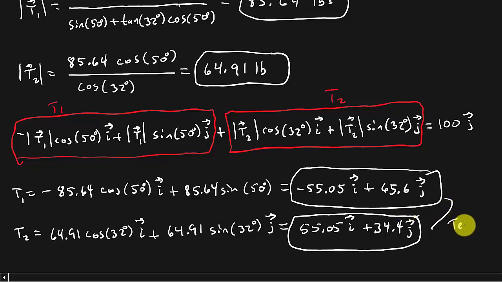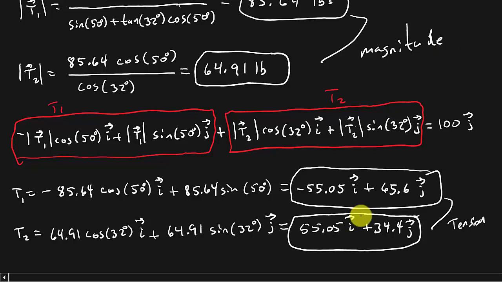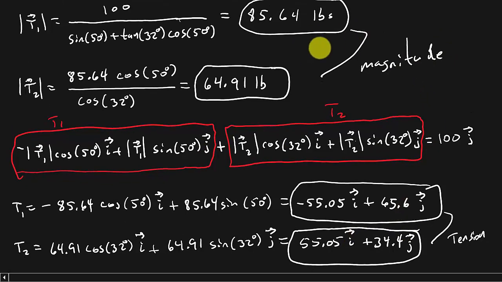That's the tension, and this is your magnitude. All right. These are your tension vectors, and these are your magnitudes.